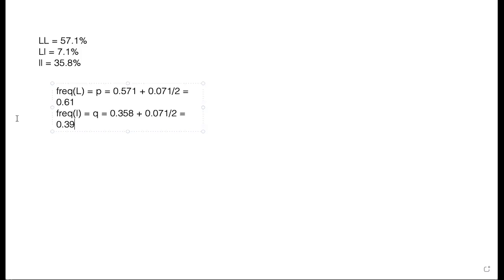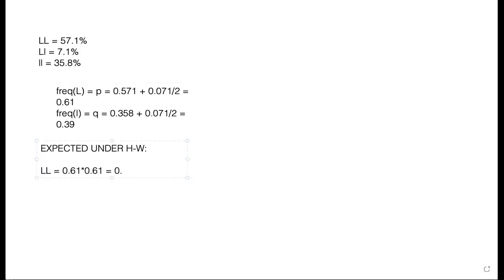Watch this. If we were under Hardy-Weinberg, our expected frequency of big L big L individuals would be 0.61 squared, which is actually going to be something like 0.37, 0.38. It's going to be almost 0.36. Anybody who wants to calculate that can go ahead and do so.